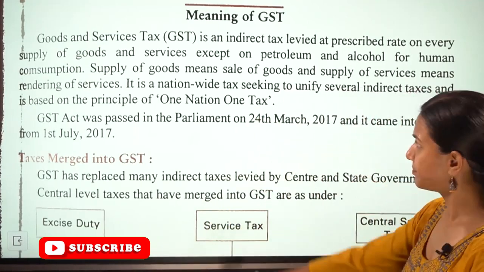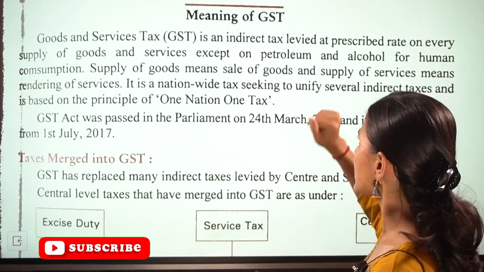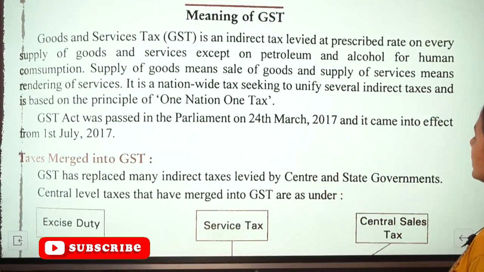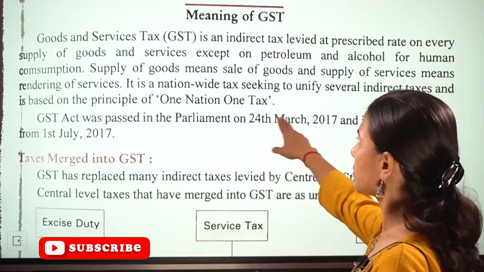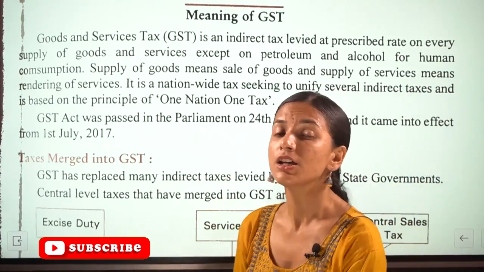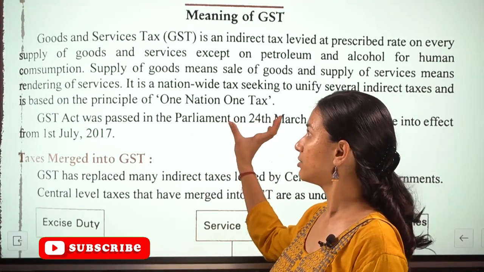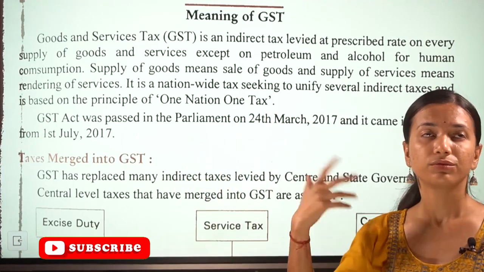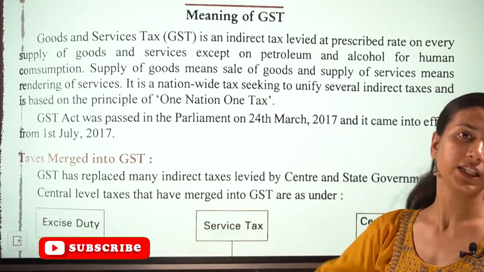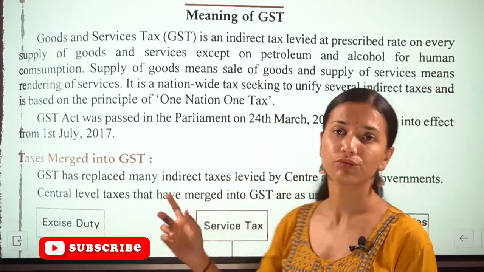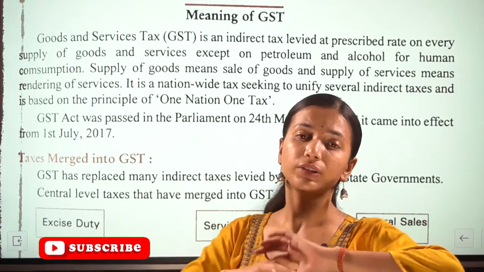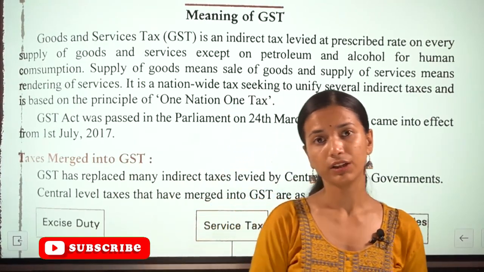Okay, so it is a nationwide tax seeking to unify several indirect taxes and is based on the principle of one nation, one tax. So yes, we can say that it is the one line USP of GST. That means one nation, one tax. So there were many indirect taxes which we needed to pay.